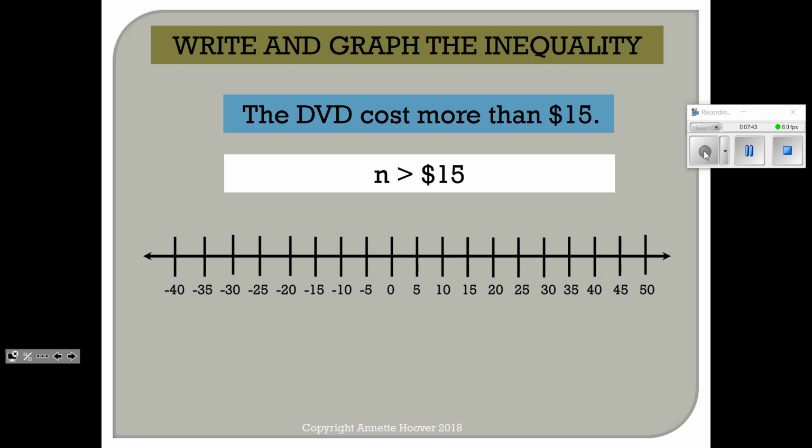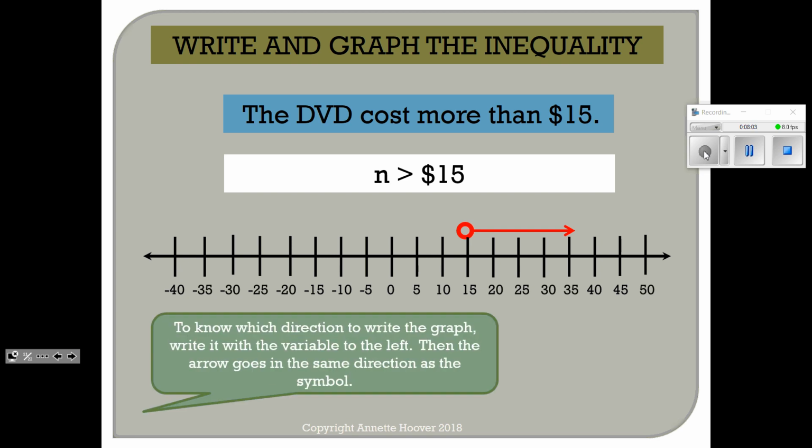I'm not sure why I used N. D would probably be a better letter, but the cost of the DVD is greater than $15, but not equal to. So we have an open dot on 15 with an arrow going to the right, because it could be $16, it could be $30, it could be $40. It's more than 15.